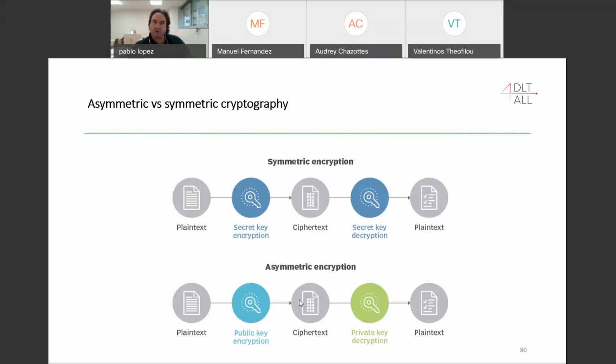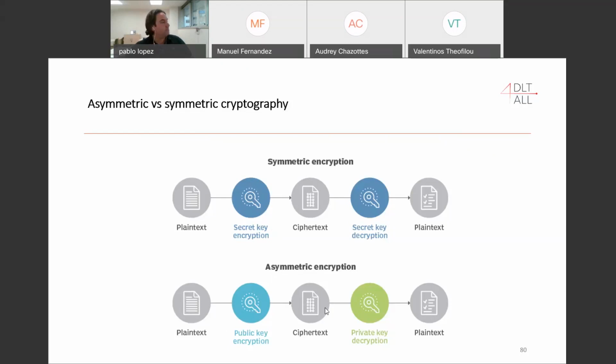We also use an algorithm. But what is the difference? The difference is that the one who has a private key has the ability to decrypt. So we can send it to so many people.